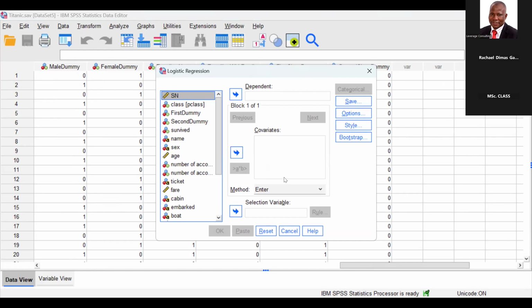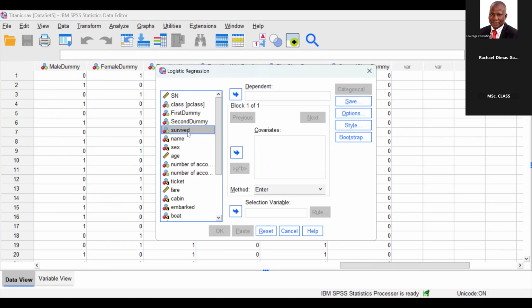You move Survive as the dependent variable. Move it to that dependent space. No, up, that's covariate. Move it to dependent. Survive is your outcome variable, the dependent variable. You see dependent up now.